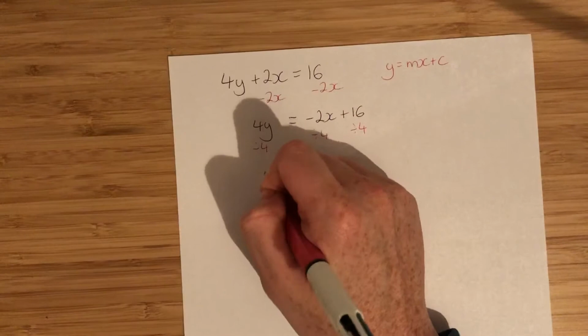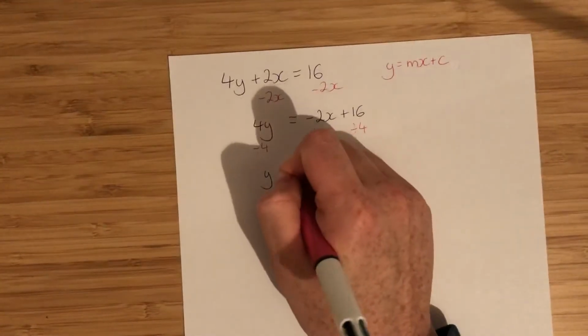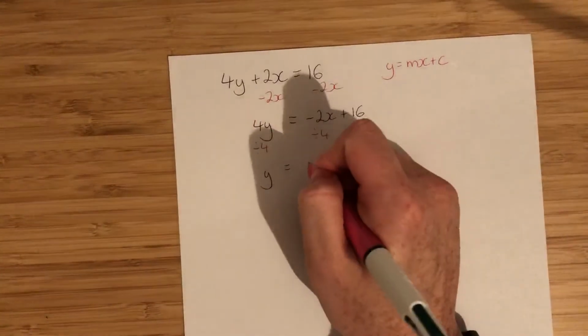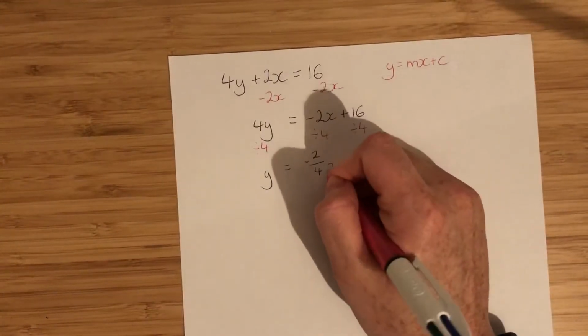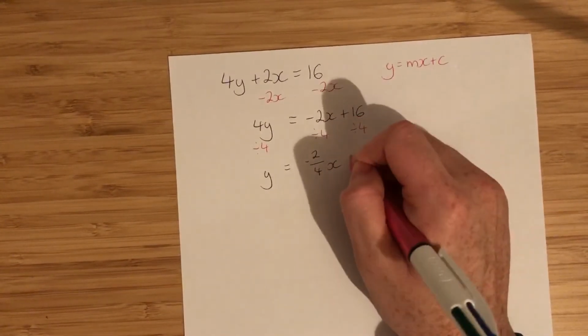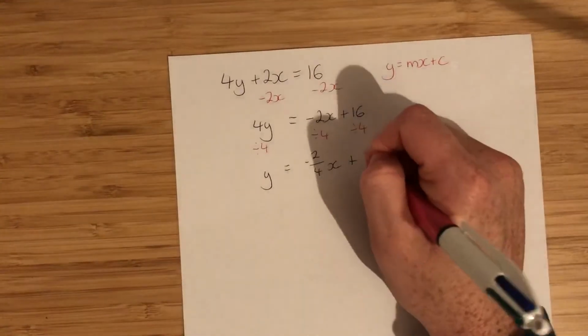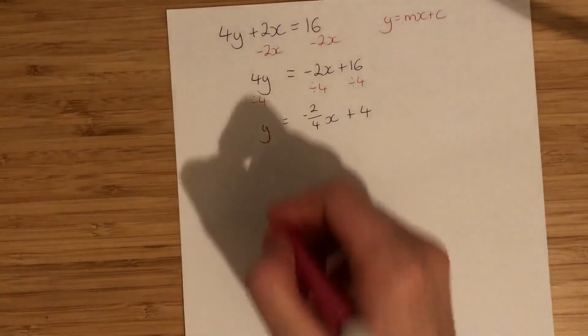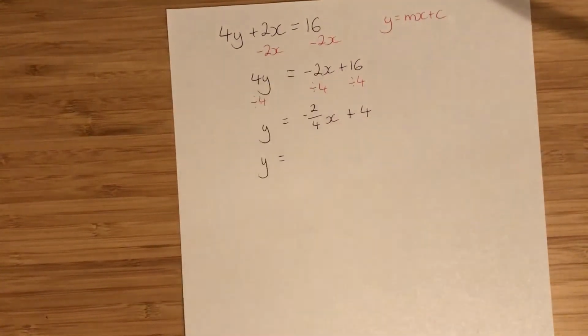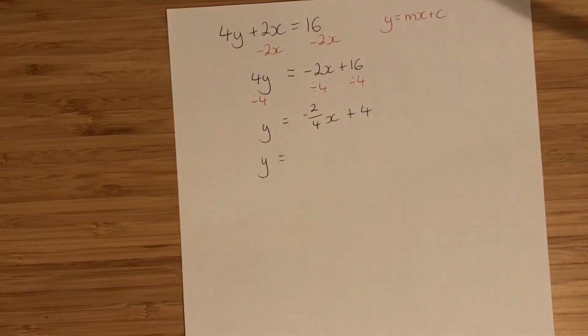4y divided by 4 is just y equals, so we've got negative 2/4 x, we've divided by 4, plus 16 divided by 4, which is 4. And just because we can simplify that fraction, we're going to do one more line this time. So y equals, and 2/4 is the same as a half.